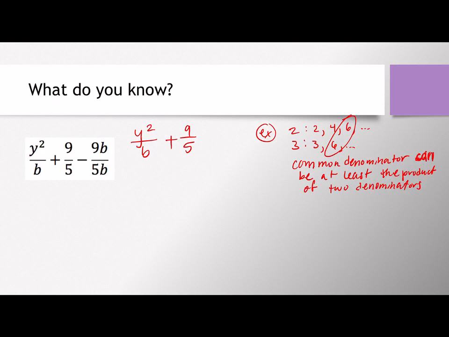There are denominators that are in common but that are smaller than the product, but at least we know that we can use the product of the two denominators to find it, as in this case of 2 times 3 is 6.